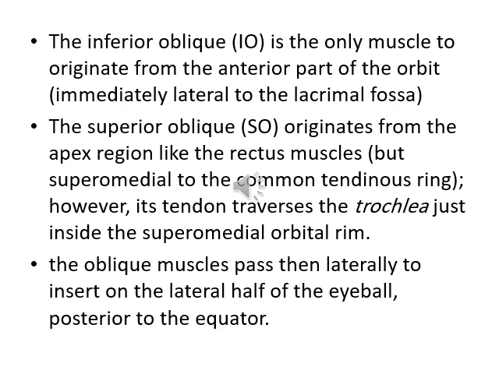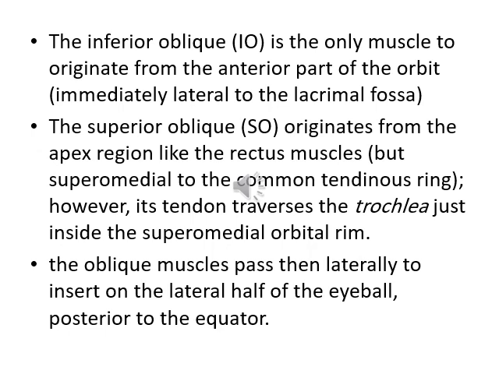From the name oblique, I mean it has an oblique course until its insertion, not like the rectus muscle. Recti usually have an origin and go directly to their insertion, while oblique muscles have a tortuous course. How?